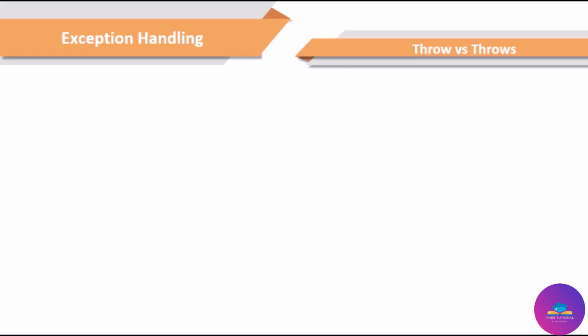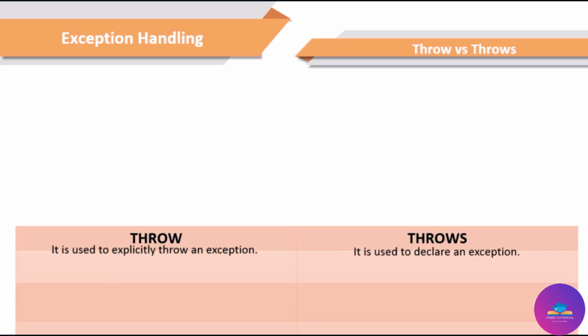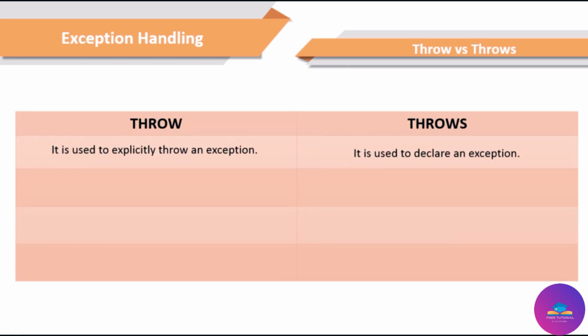So let's compare the throw and throws keywords by using a table to understand it better. The keyword throw is used to explicitly throw an exception. The keyword throws is used to declare an exception. Throw is followed by an instance.